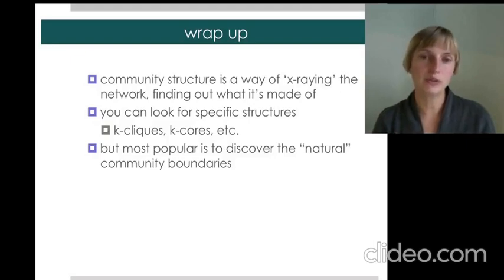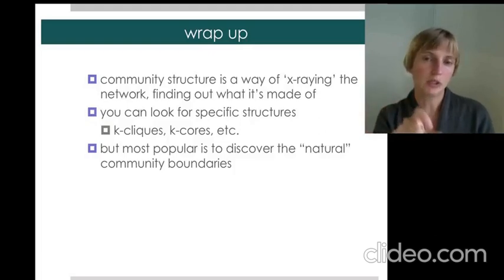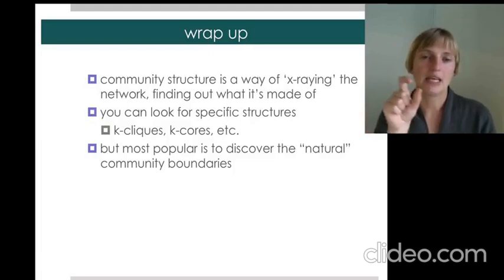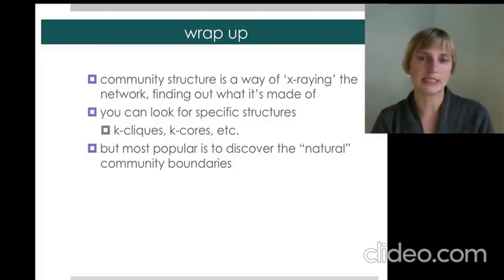And you can use methods or metrics such as modularity to try to find that organic partition, but also to evaluate any community finding algorithm: did it place nodes in the same community in a way that had much greater density of edges within the community than from those nodes to other parts of the network.